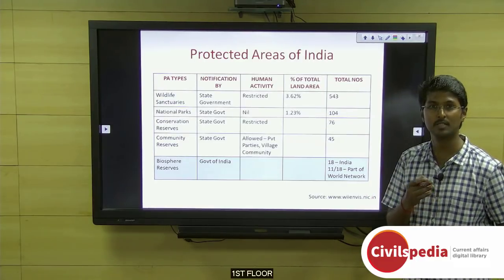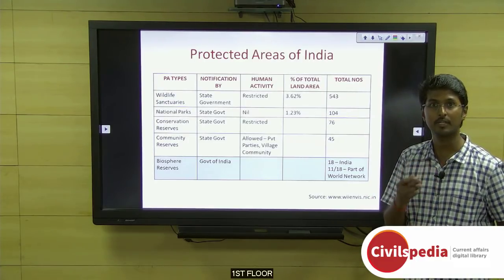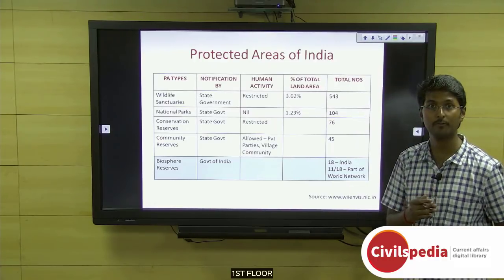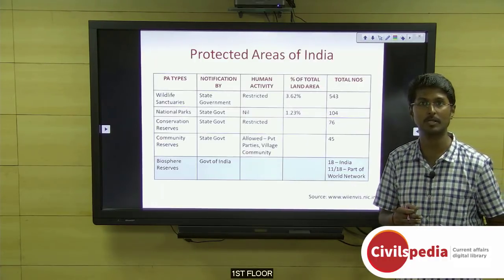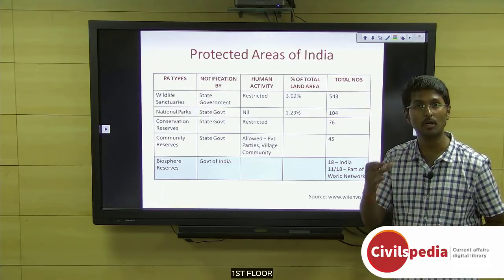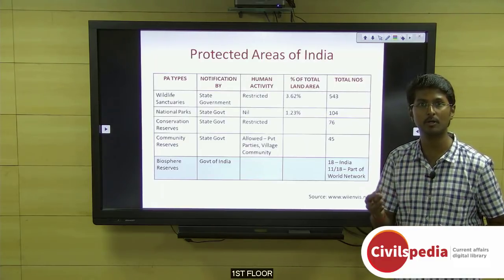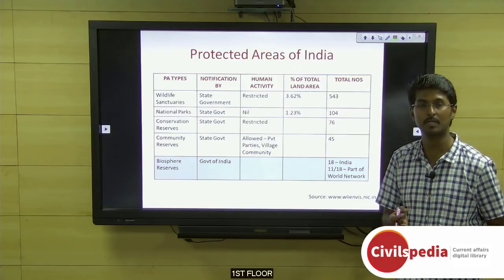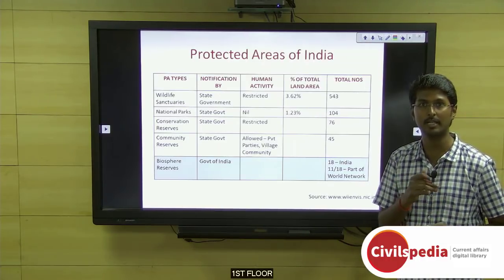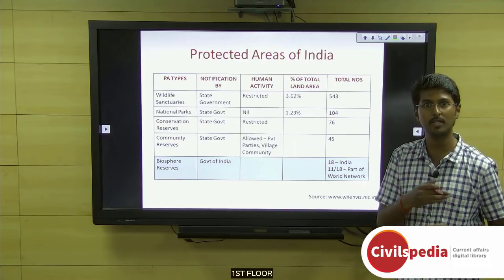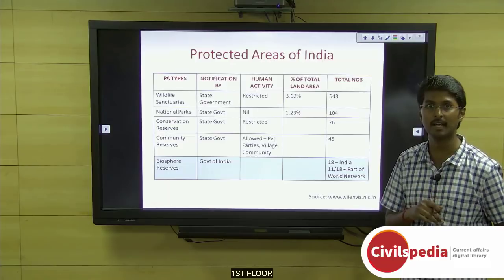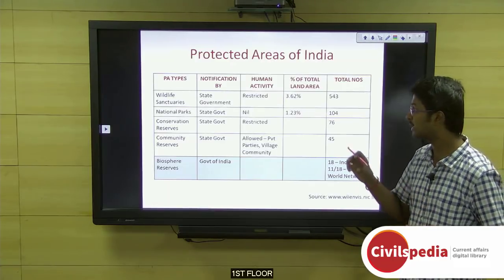They make up 3.62% of India's land mass, and there are about 543 wildlife sanctuaries. The state or union territory with the highest number of wildlife sanctuaries is the Andaman and Nicobar Islands with 96, and state-wise it is Maharashtra.